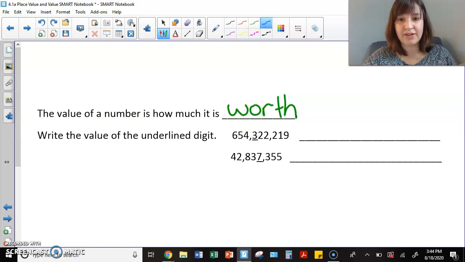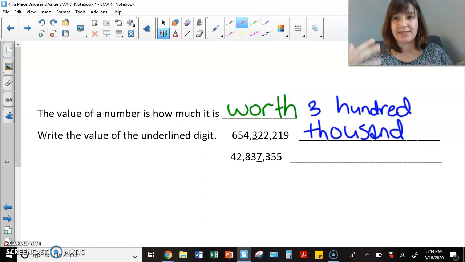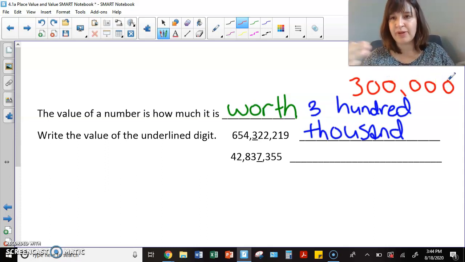So we can write 300,000, or we can write the number in standard form using digits to have a 3 with 5 zeros after it. 300,000.